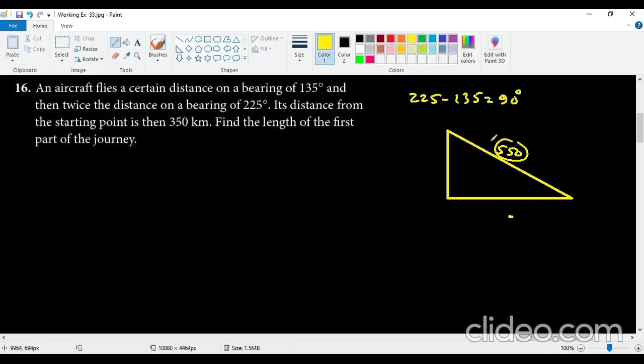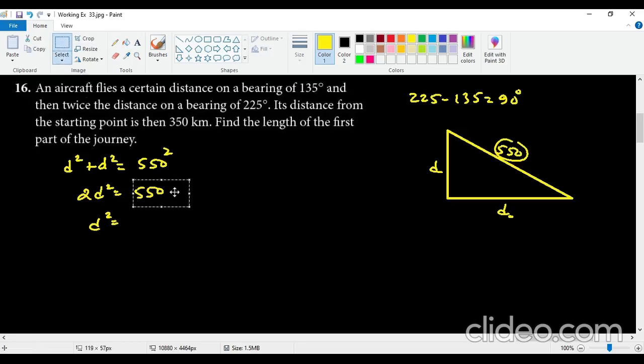Now distance is not given, hypotenuse is already given. If I consider this one and this one as distance, the equation becomes d square plus d square equals 550, which is given. So 2d square equals 550. So d square will be equal to, this is going to be a big value, which is 302,500.